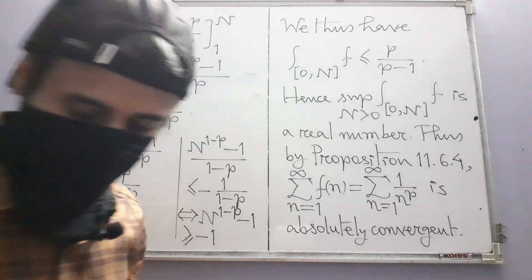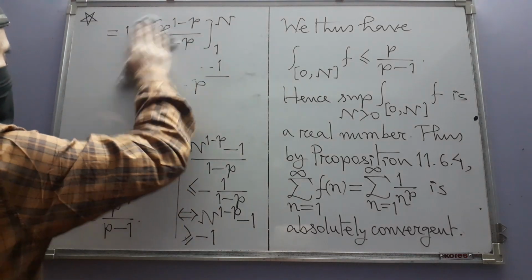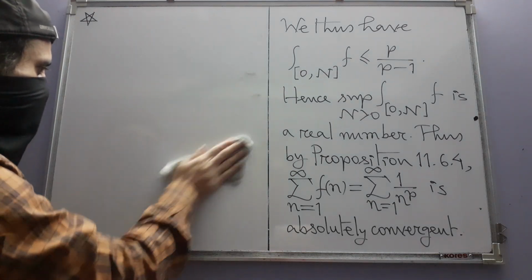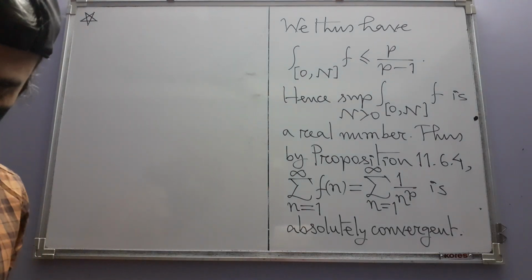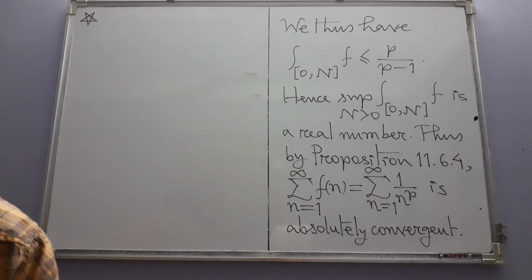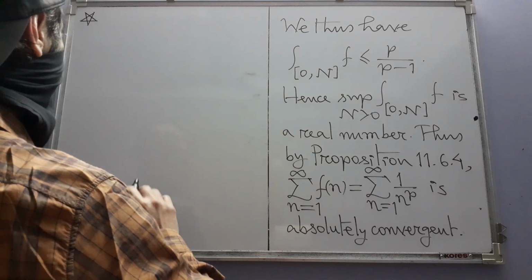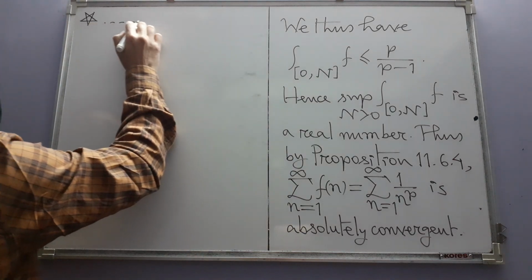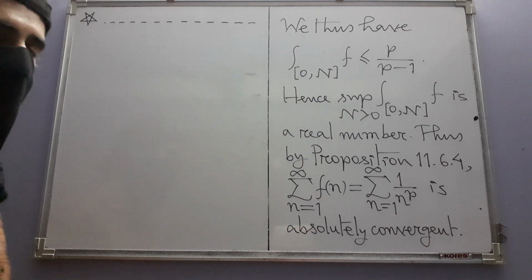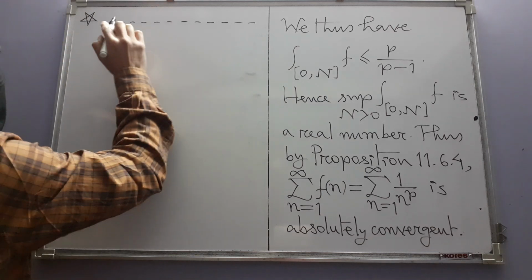Actually, it will be this. This is the explanation, because it's only for our own understanding. So let me put this dashed line. It's not a part of the solution. If you want, you can make it a part of the solution.